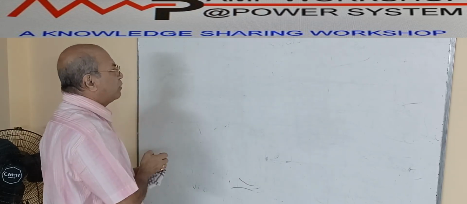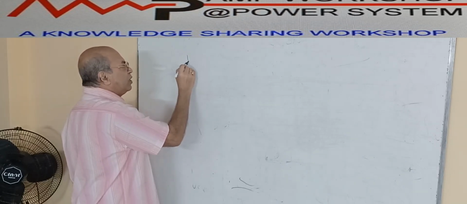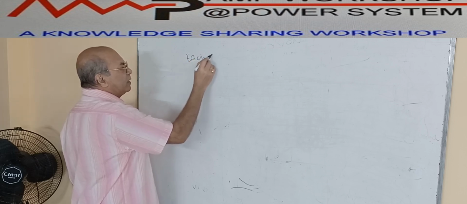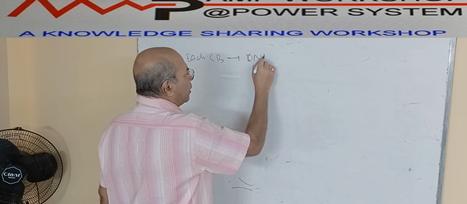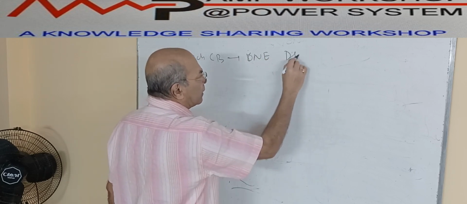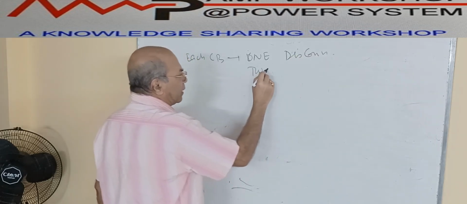Now when we are going to the control schematics of the circuit breaker, we have to keep in mind that each circuit breaker has one or two isolators. In the case of medium voltage, only one disconnector, but in the case of extra high voltage, there are two disconnectors.